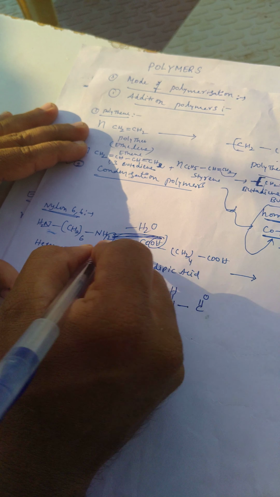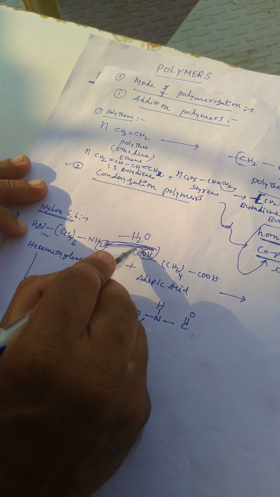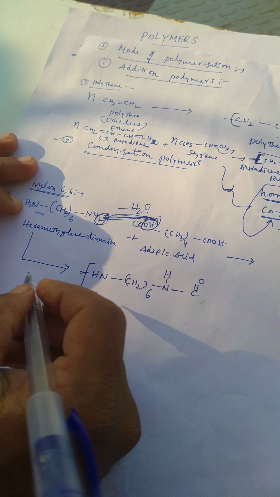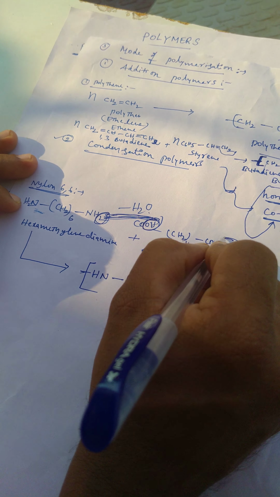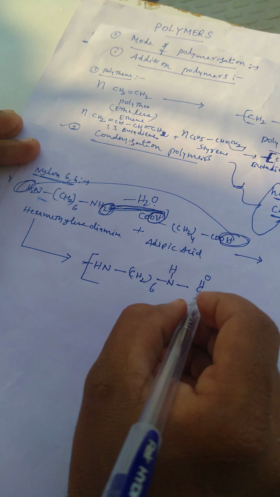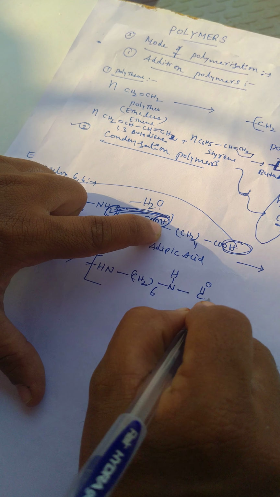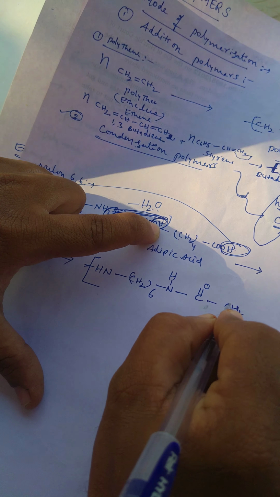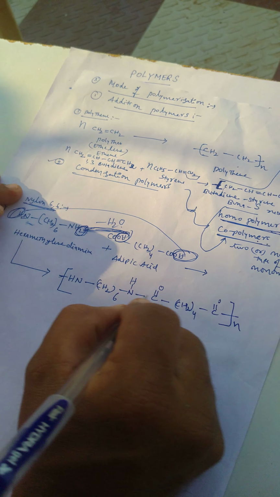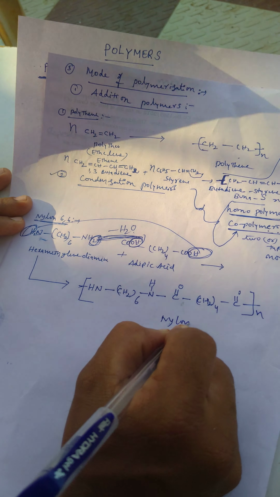Minus H2O. One H2O is removed. You remember, this is important. In the same way, from here OH, from here H, this H2O is also removed. So after that CO, then CH2 taken 4 times, CO. This is called nylon 66.